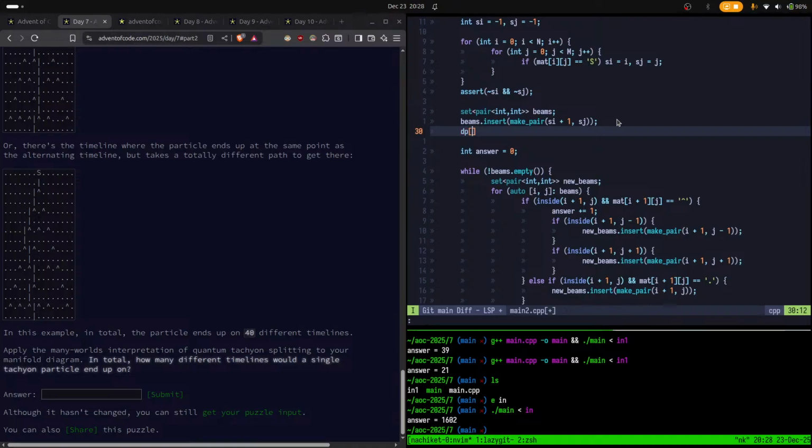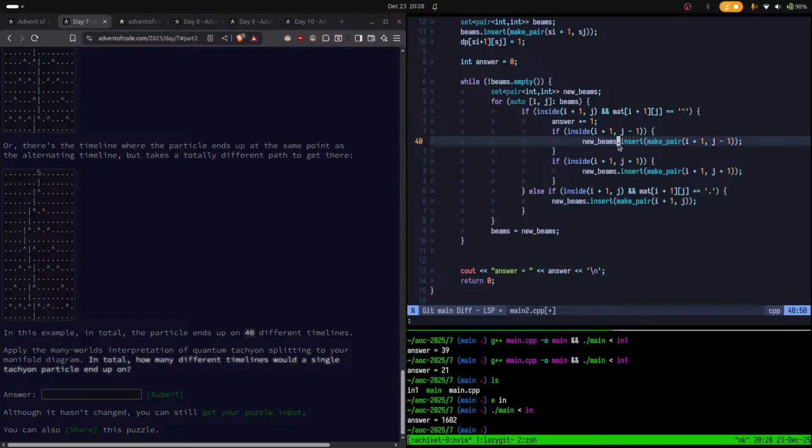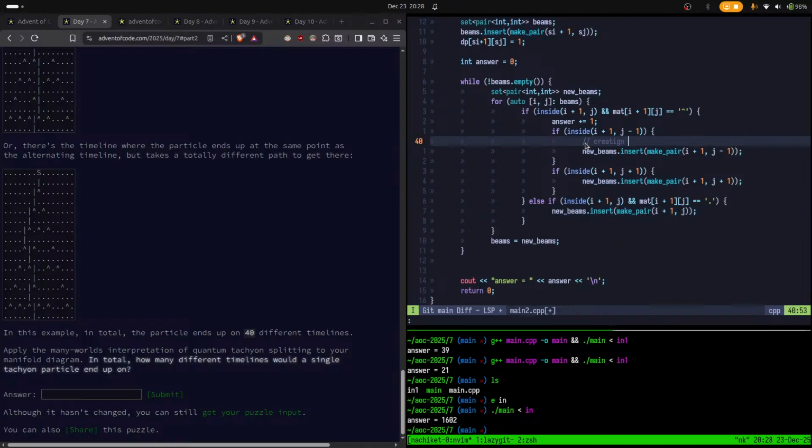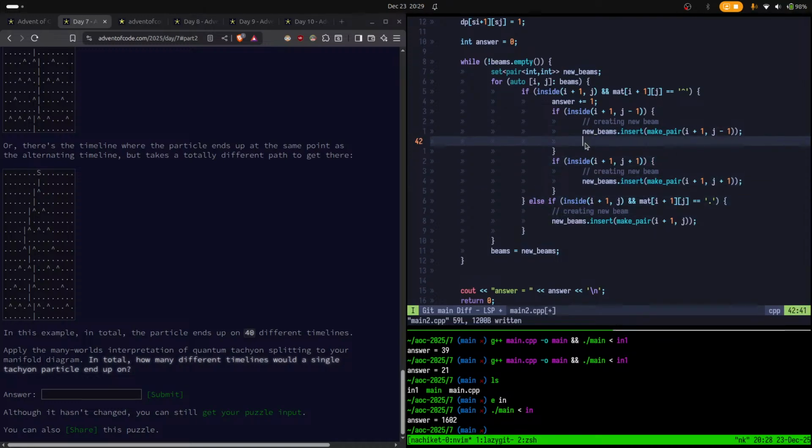For this coordinate, the answer is 1. And for any subsequent beams that are created in the next row, so we are creating here the places where the beams are created, the answer for this particular i plus 1, j minus 1 should be incremented by the number of beams from which coordinate it was created.